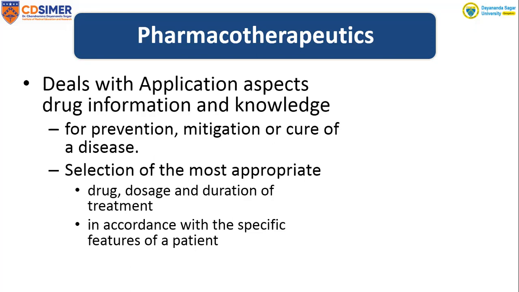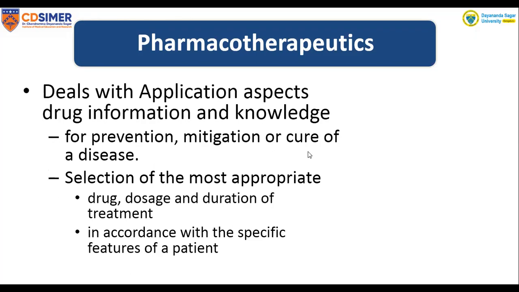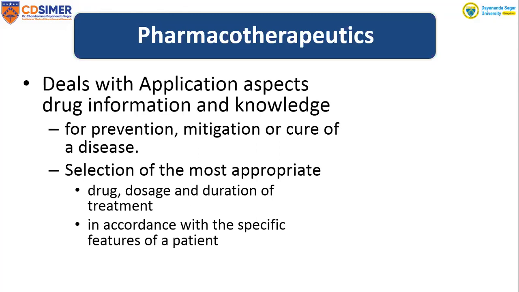As I discussed, in acute heart failure you can use a beta agonist or adrenergic agonist, and in chronic heart failure you are going to use beta blockers. Like this, the conditions, the dose, the therapeutic aspects, and the intricacies of all these aspects you are going to discuss in pharmacotherapeutics.